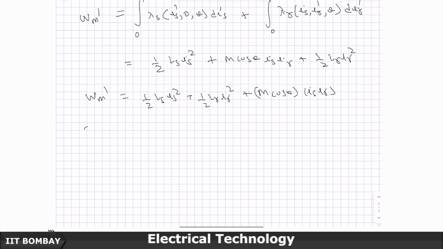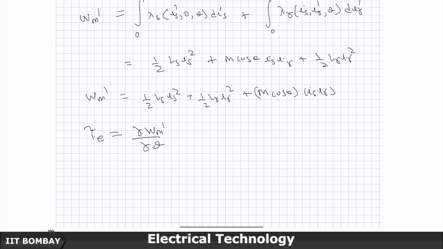Now, you can calculate the electromechanical torque as the partial derivative of this with respect to theta. You need a partial derivative because the state variables are IS, IR and theta. So, there are 3 state variables, and you should not write it as d. I was almost about to make that mistake, but you should not make it.